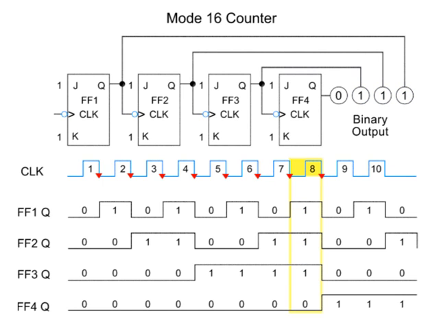The 8th pulse results in an output of 1000. Pulse 9 gives 1001. And finally, as expected, the 10th pulse toggles the appropriate flip-flops to give 1010.